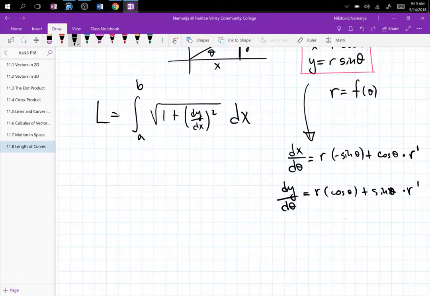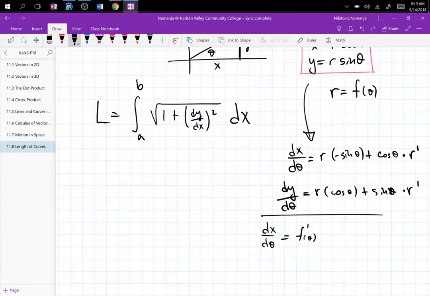So, I am going to clean this up. dx d theta is going to be given, and I'm going to write the cosine term first, because I don't want negative to lead. So I have f prime of theta cosine theta minus f of theta sine theta.